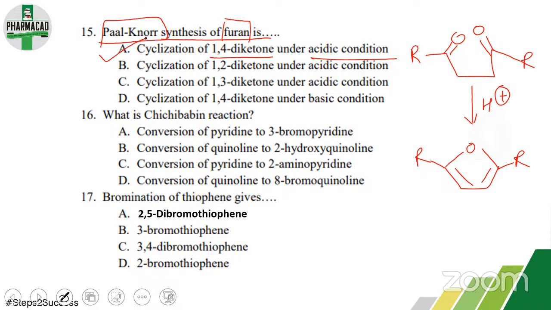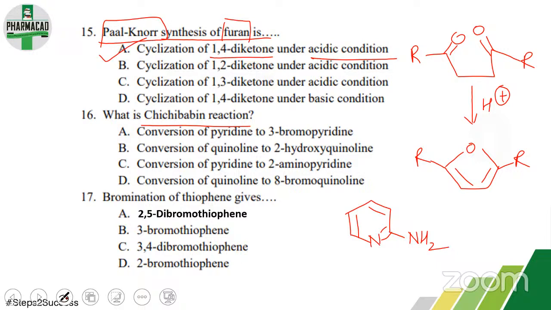Next question, what is Chichibabin reaction? Now see, this Chichibabin reaction is the synthesis method for synthesizing 2-aminopyridine. Now what is pyridine? Pyridine is a 6-membered ring with 1 nitrogen atom. And 2-amino means on the second position there will be amino.